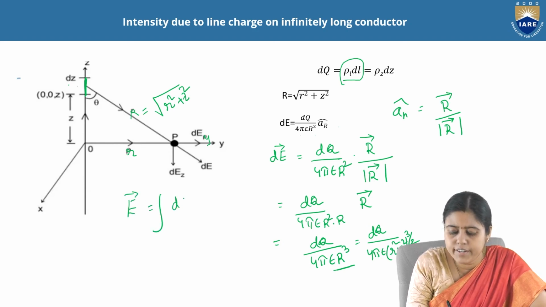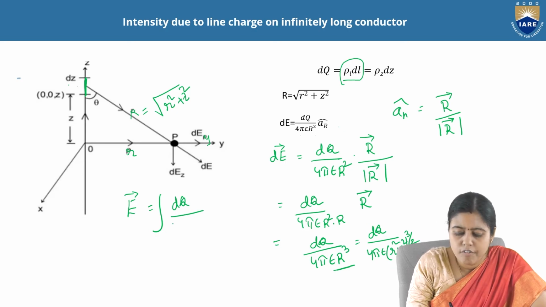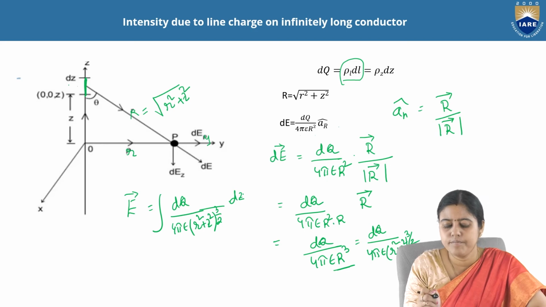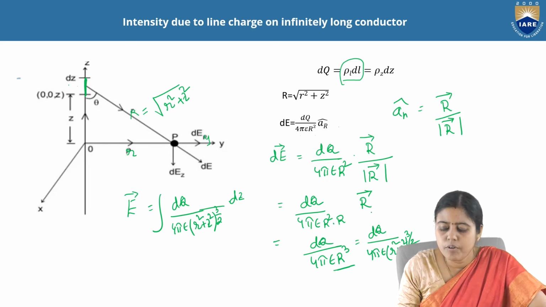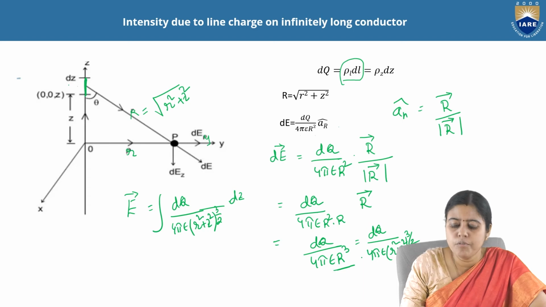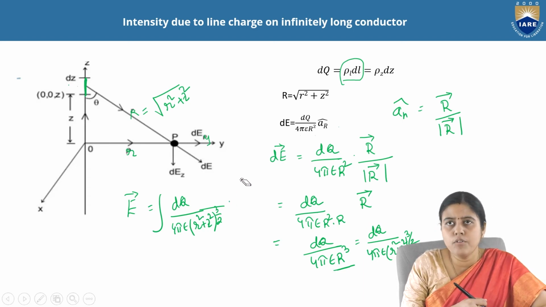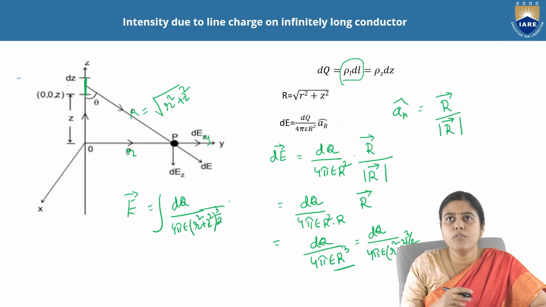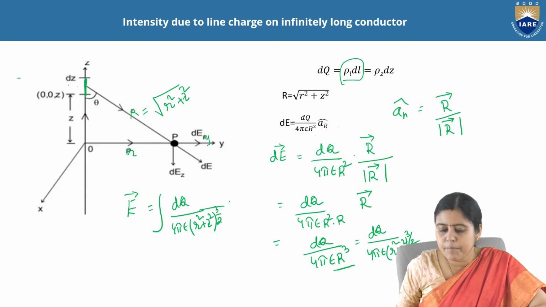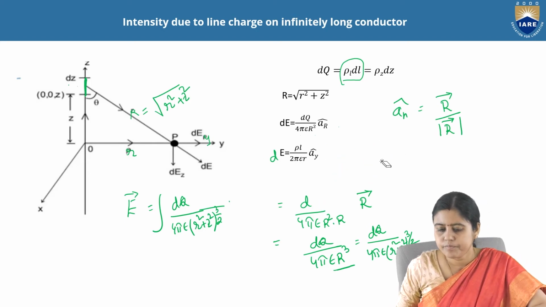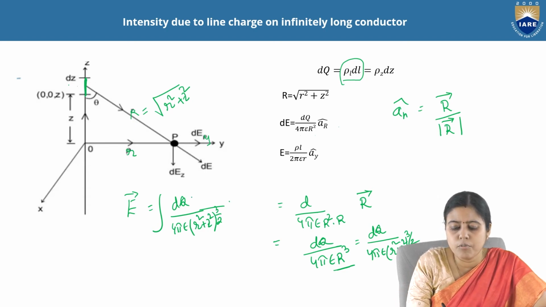After integration, E is equal to the integration of dq by 4 pi epsilon (r squared plus z squared) to the power 3 by 2 into dz. If we integrate this value, we will get the value of the field. What will the value come as?